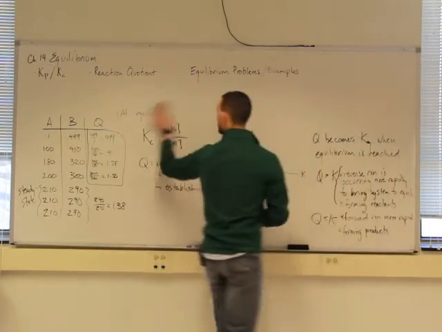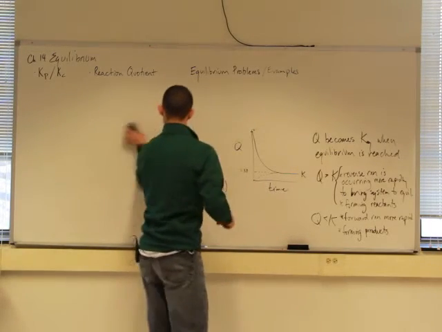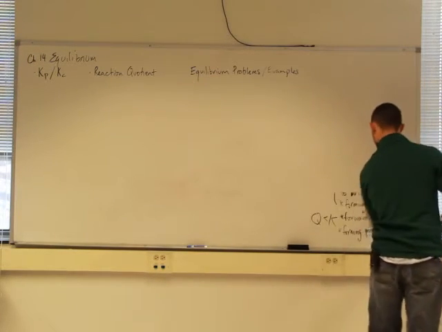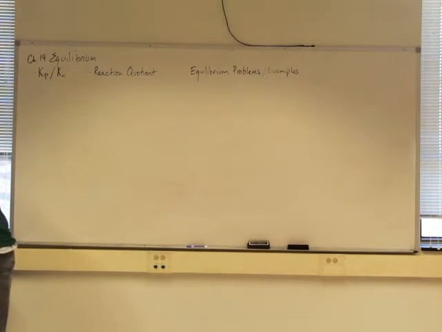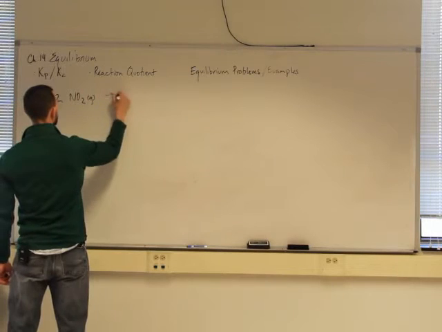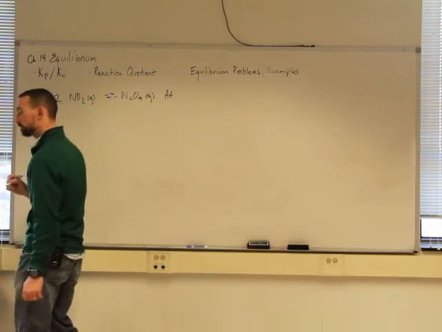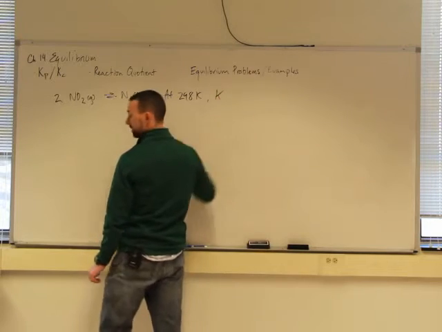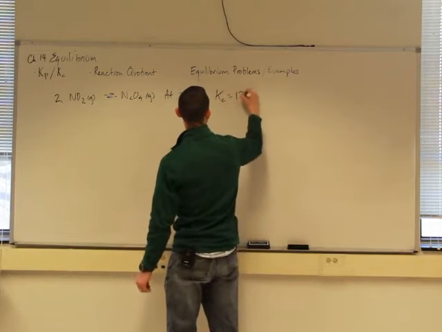So let me put it into the context of an example with a real reaction. Two nitrogen dioxides, 2NO2, producing an N2O4. At some temperature, 298, in this case, the equilibrium constant for this reaction in terms of pressure, Kc, is 170.